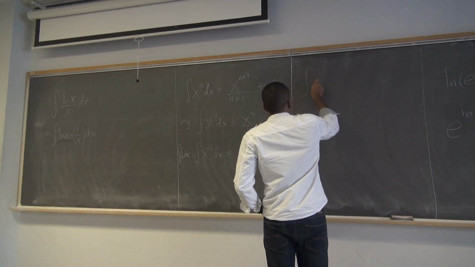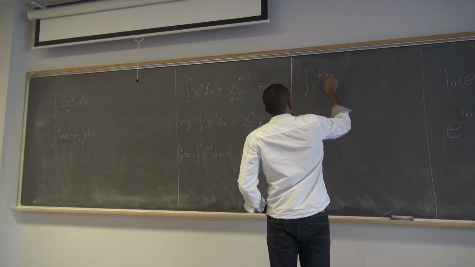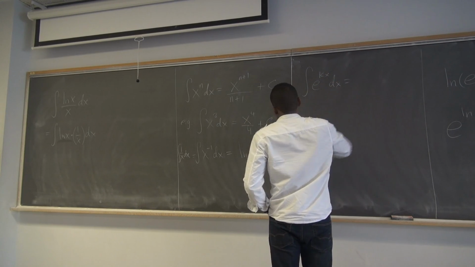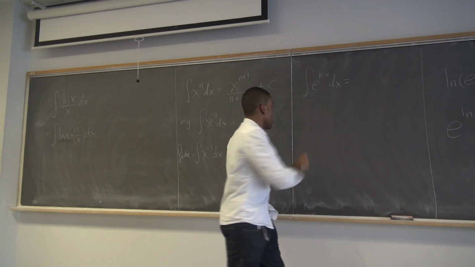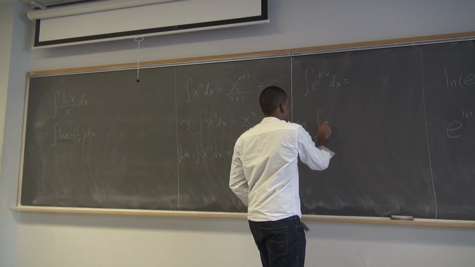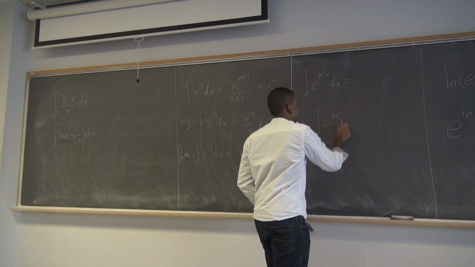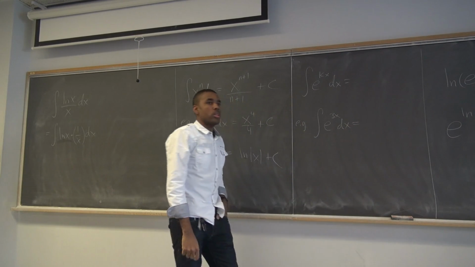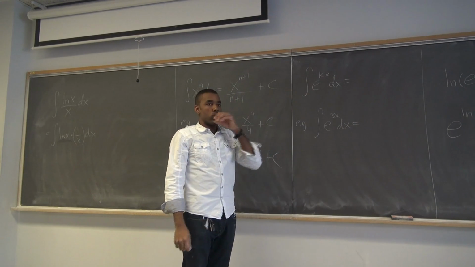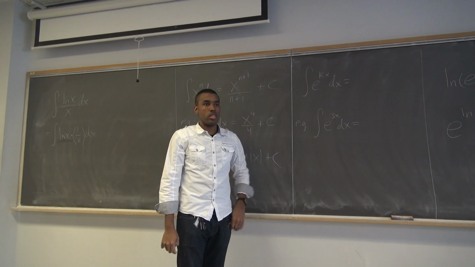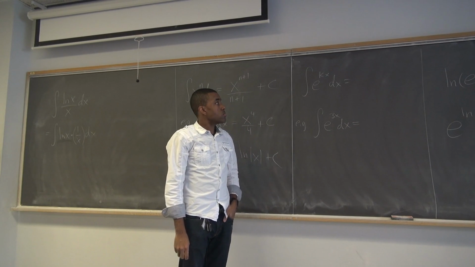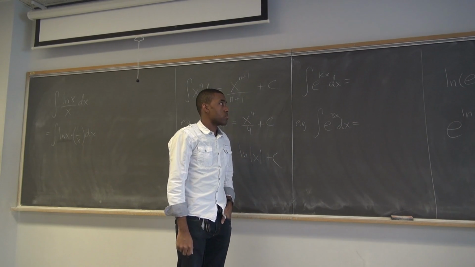What about another rule? The integral of e to the kx dx. An example would be the antiderivative of e to the 3x dx. What's the general rule here? K is a non-zero constant. Can you bring it outside?